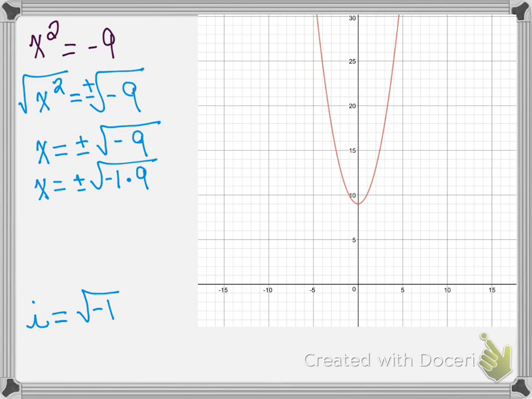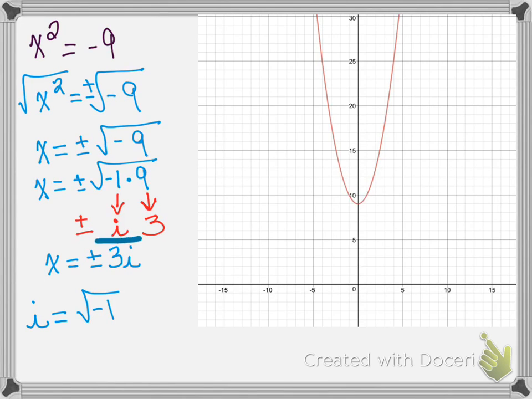The square root of negative 1 becomes i. What's the square root of 9? 3. So my answer to this problem is x equals plus or minus 3i.